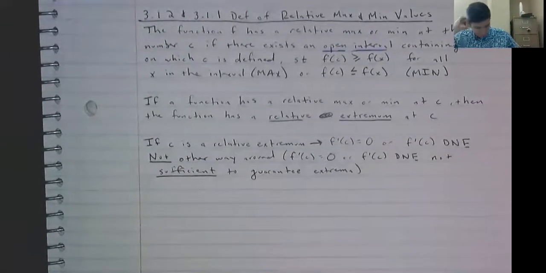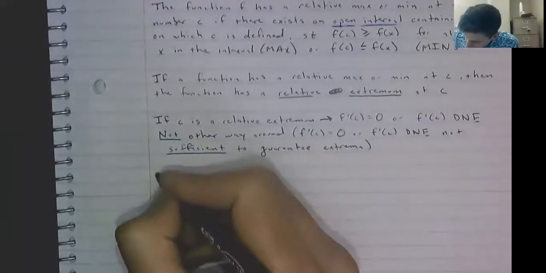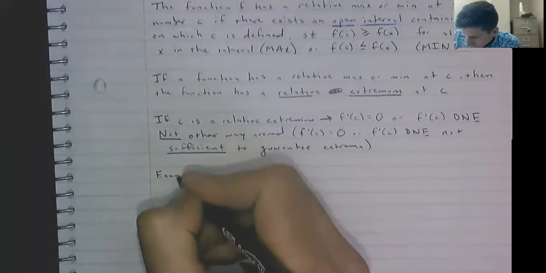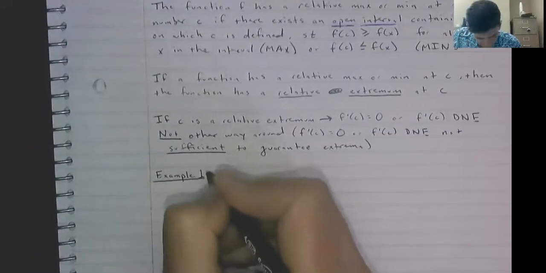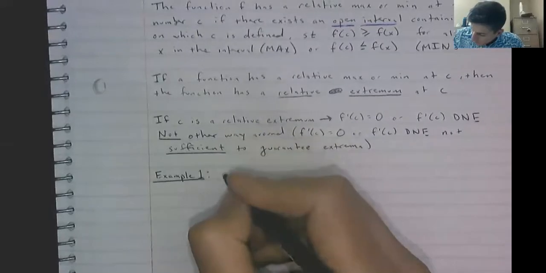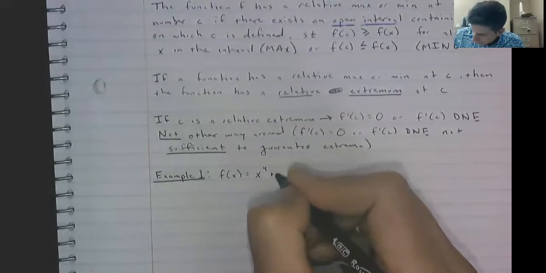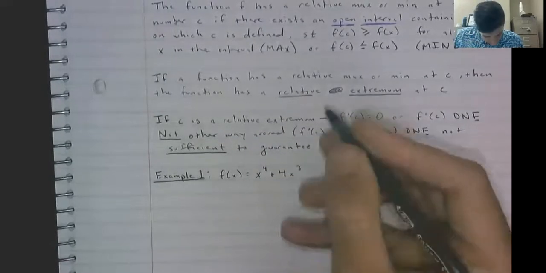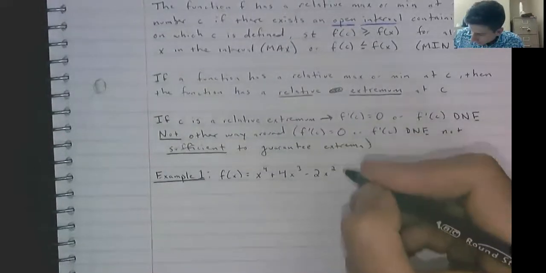All right, now we're ready for example 1, hopefully. Example 1, critical numbers and extrema. If f of x is equal to x to the 4th plus 4x cubed minus 2x squared minus 12x.